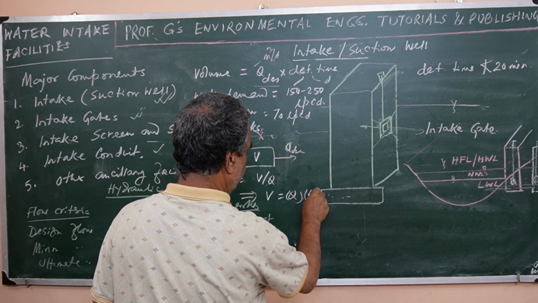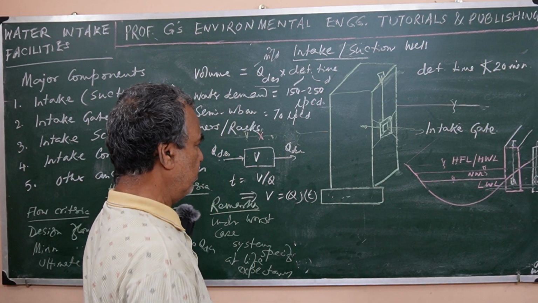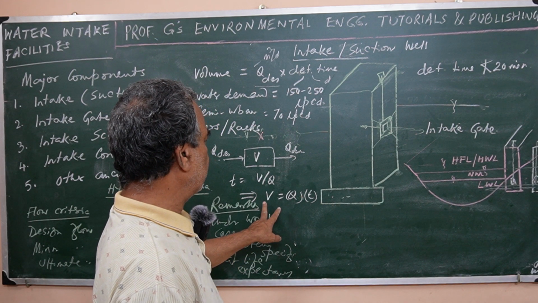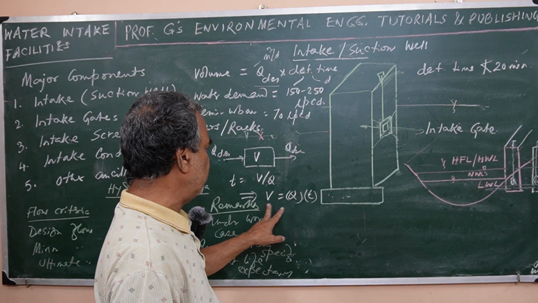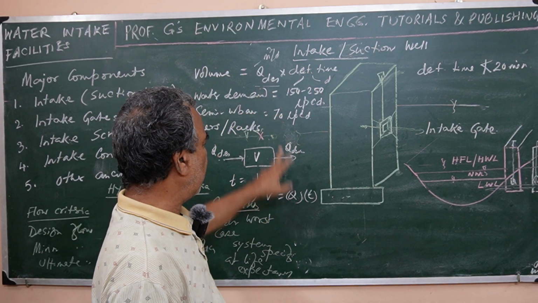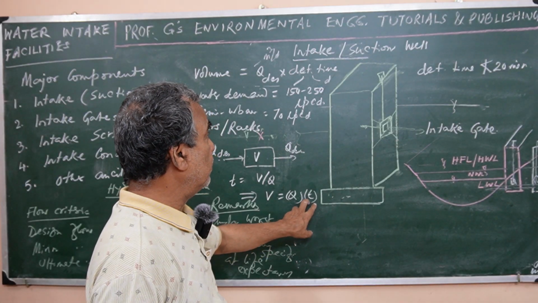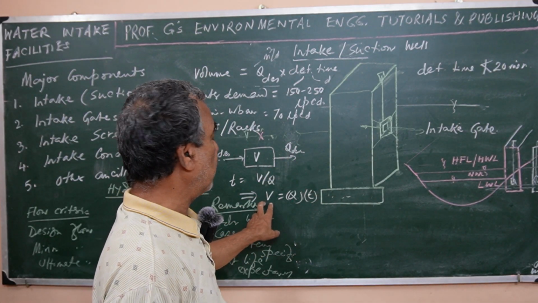Let me write it, not otherwise X, because the multiplication may be understood as X. So to avoid that confusion, V is equal to Q design, which I have told how to find, times the detention time, and this will decide the volume.